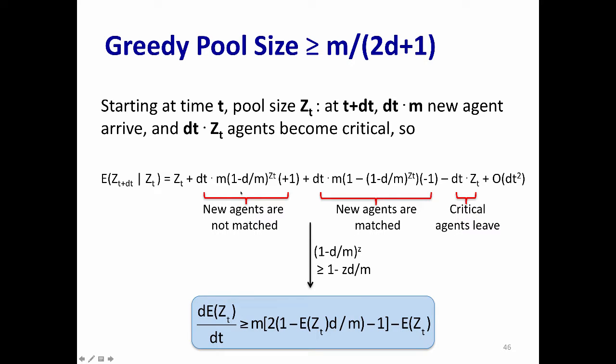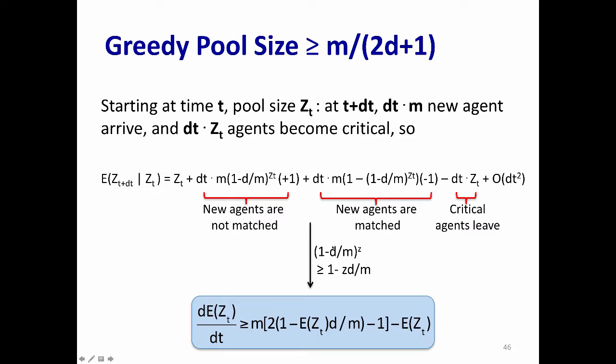the pool size. Now, I don't want to go through all these details, because once you have this equation, you can write down the differential equation. The only problem in solving that differential equation is that these terms, (1 minus d over m) to the power z, are nonlinear. And solving a nonlinear differential equation is often tricky. The way I'm going to solve it is this approximation.